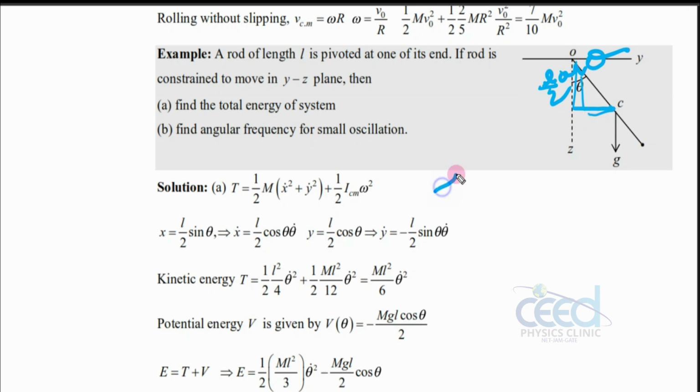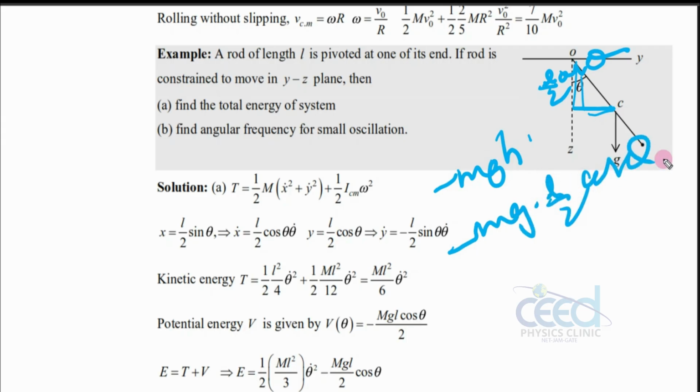So minus mgh is the work against gravity, then mg into L by 2 cos theta. So potential energy is minus mg L by 2 minus mg L by 2 cos theta, right?